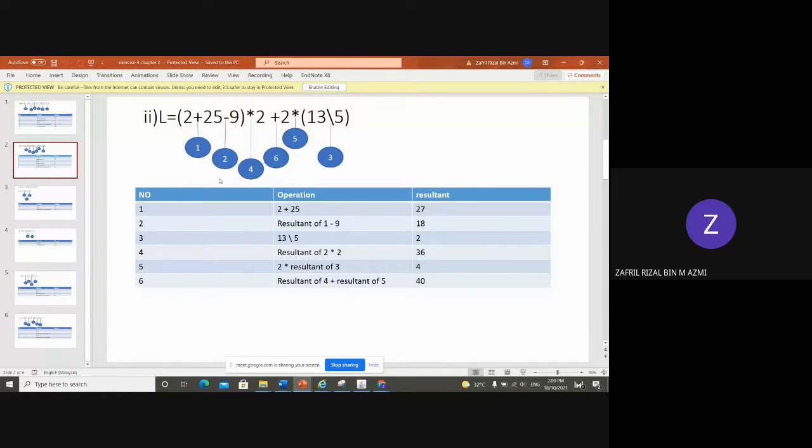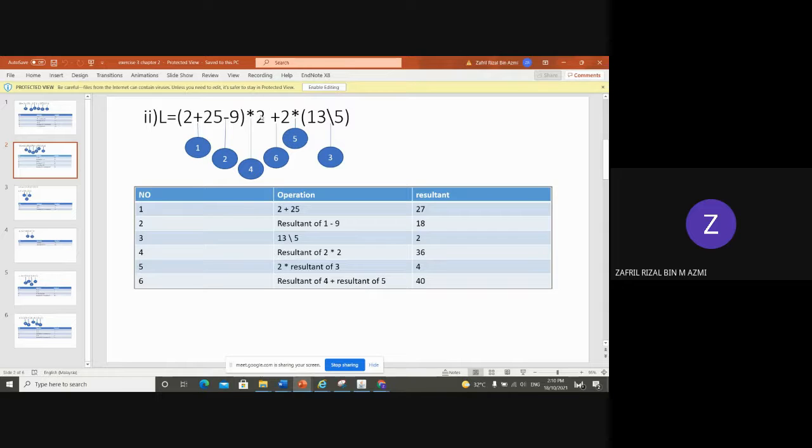So this is the first process, correct. And then second, the resultant of 1 minus 9, correct. Then we solve the third one in the second bracket, correct. The fourth one is the multiplication.